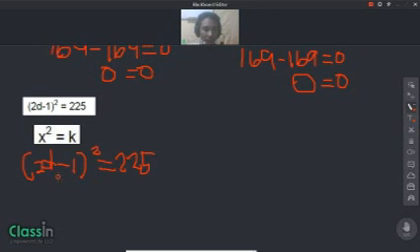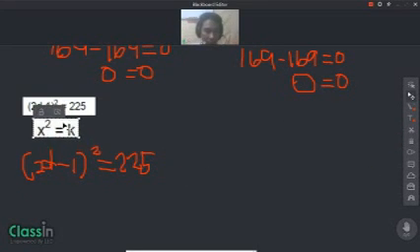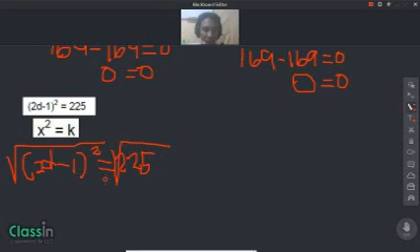Okay, we will rewrite our equation. Now, we are going to extract the square root of both sides of the equation. So we will extract the square root here and also here, so it is positive or negative.